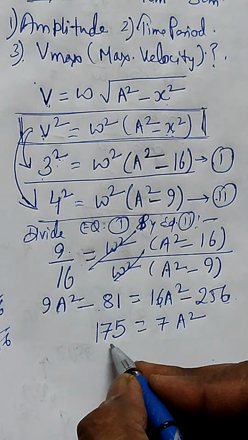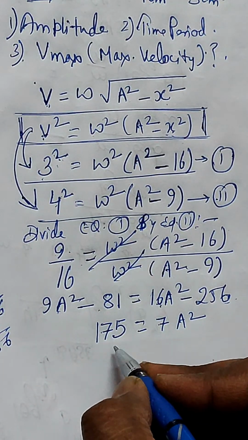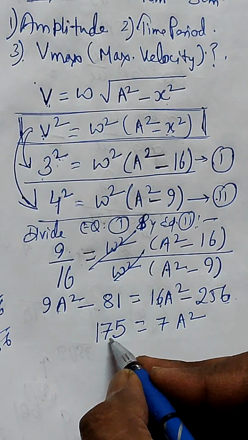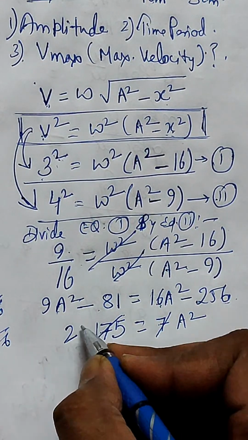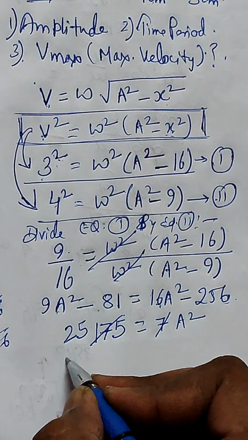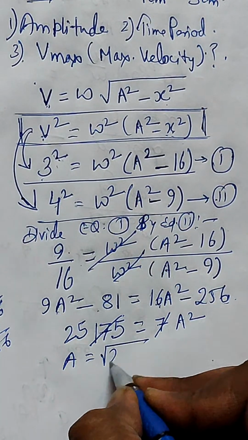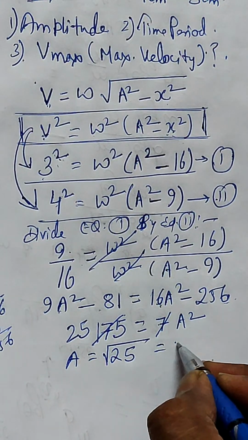This will give you the value of a square as 175 by 7, and 7 times 25 is 175. So the value of a square is 25, and the value of a is root over of 25. So the amplitude is coming to 5.